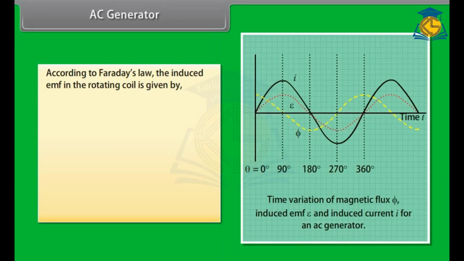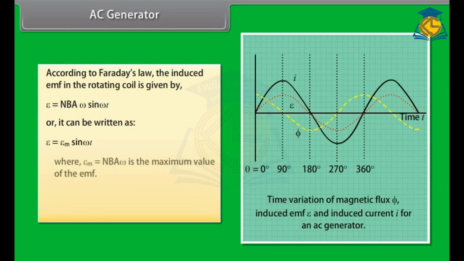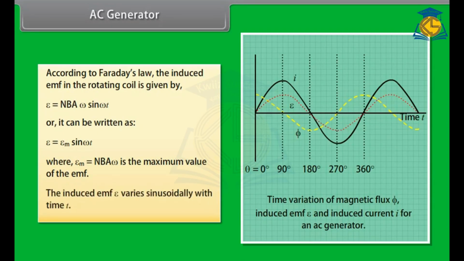According to Faraday's law, the induced EMF in the rotating coil is given by NBA omega sin omega t, or it can be written as E is equal to E_m sin omega t, where E_m is equal to NBA omega, the maximum value of the EMF. The induced EMF varies sinusoidally with time.